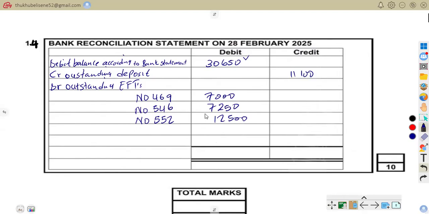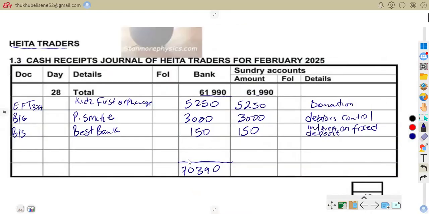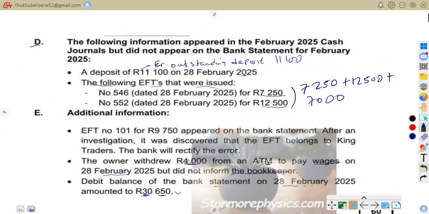Also, let us find out what else is to be recorded under the bank reconciliation statement. We have to look for other information that will affect our reconciliation statement.